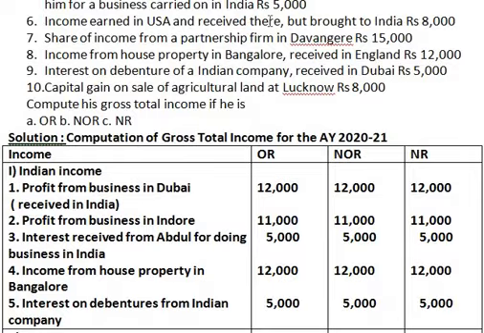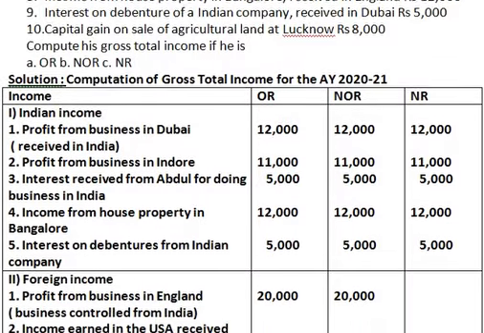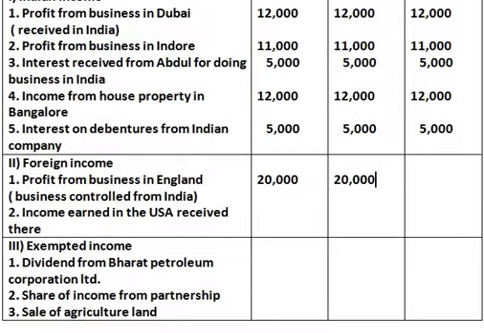Income earned in USA and received there is a foreign income and it amounts to rupees 8,000. And that will be taken in only one column, that is, only an ordinary resident has to pay tax on foreign income.